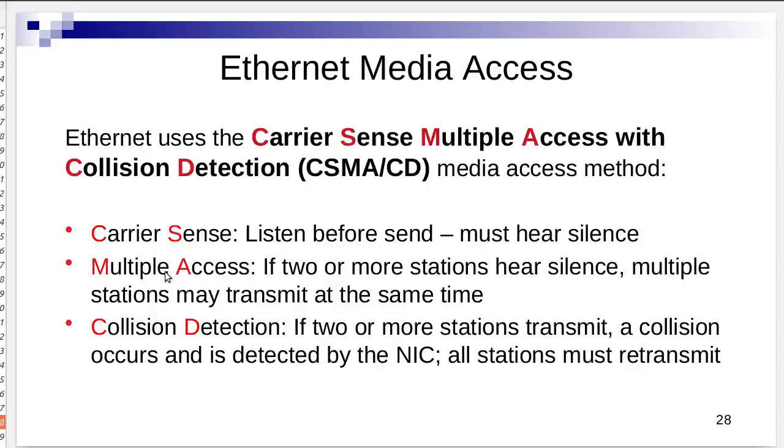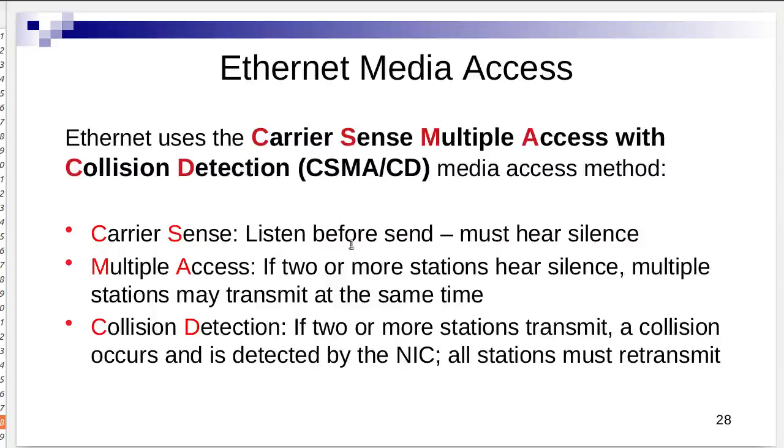Okay. So Ethernet uses what is called CSMA/CD, or Carrier Sense Multiple Access with Collision Detection. And the collision detection part is actually for historical reasons because it was used before, but it's been carried forward in the current generation of Ethernet devices too. So the carrier sense part, what does that mean?